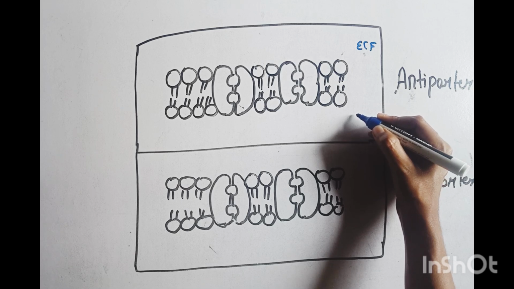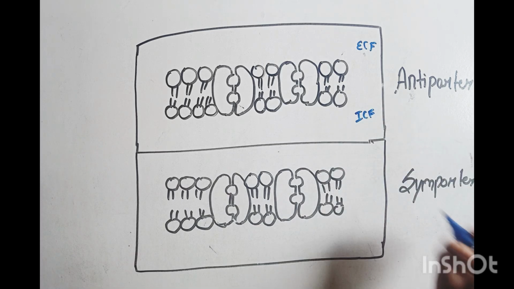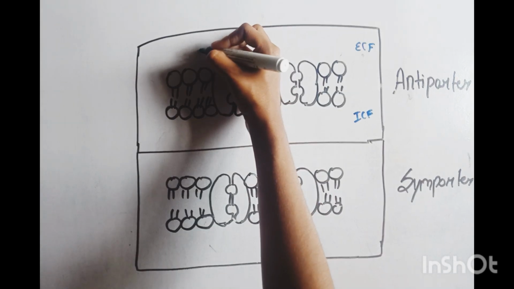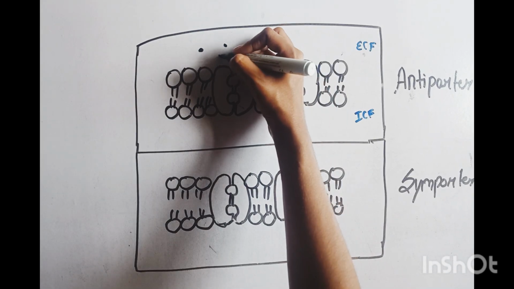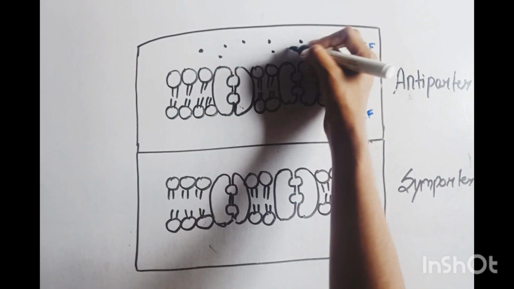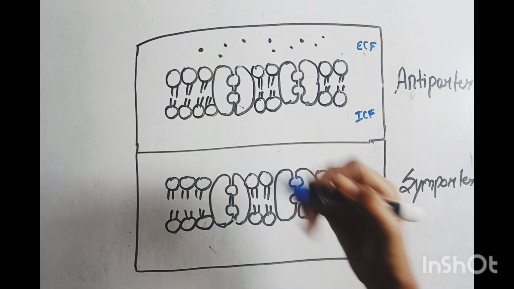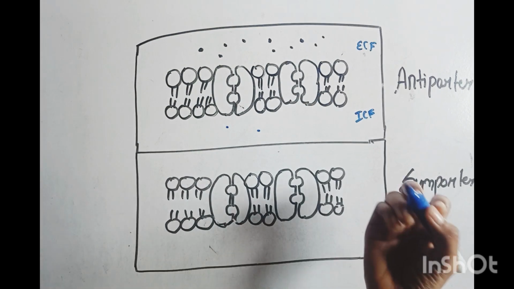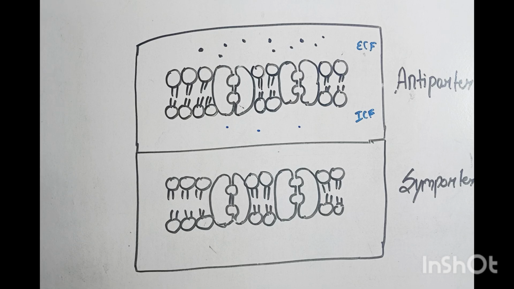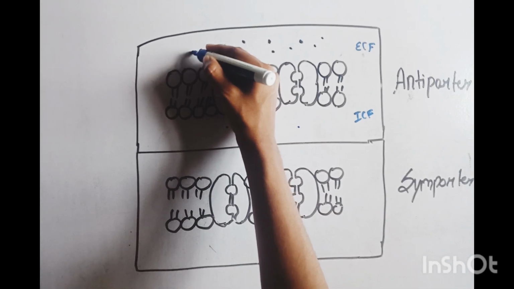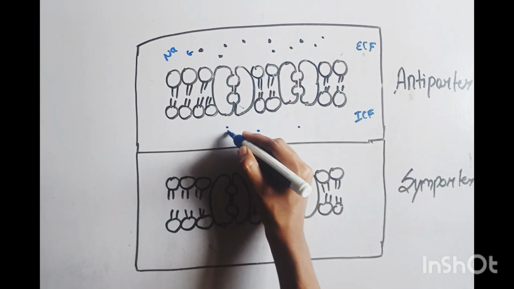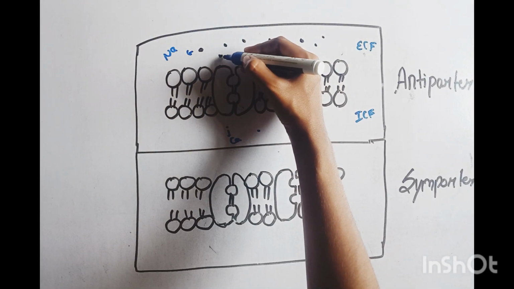This is the extracellular fluid and this is the intracellular fluid. In the extracellular fluid, the concentration of sodium is very high, and on the other side, the concentration of other substances, such as calcium ion, is very low.